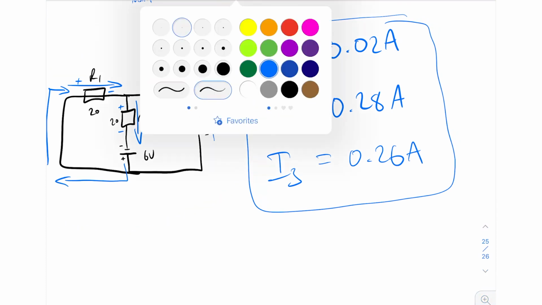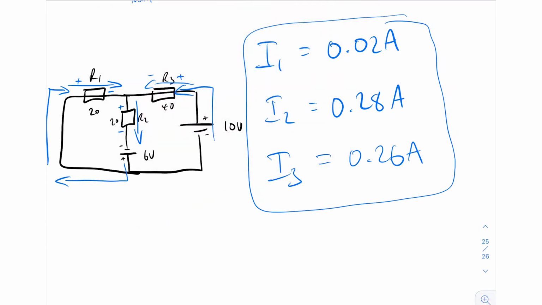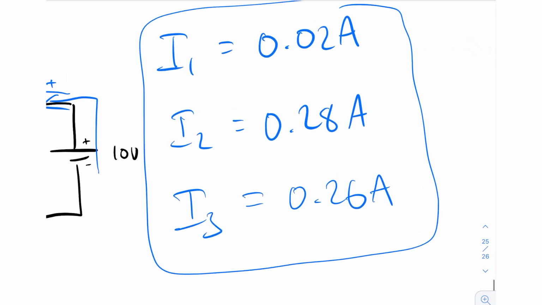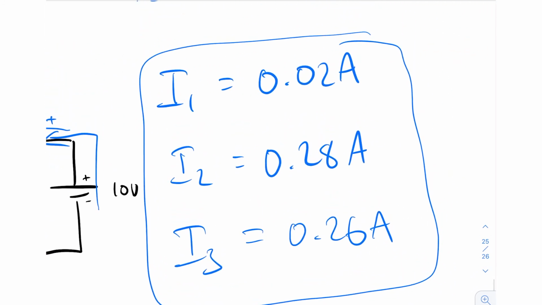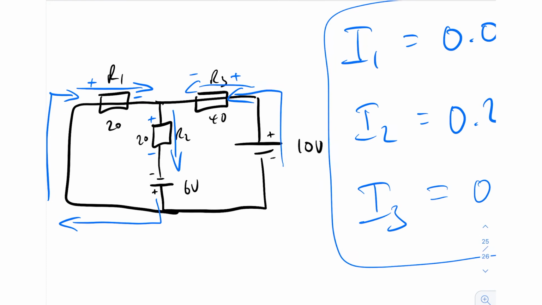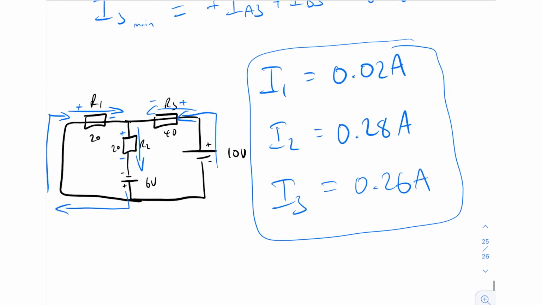So what we're saying here, and also a good point to mention, is that if this was minus, what that would mean is that the current direction that we picked was incorrect. So we actually picked the correct current direction for all three currents.